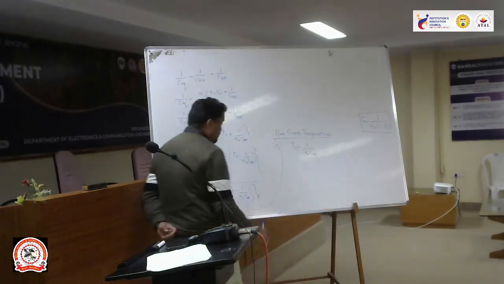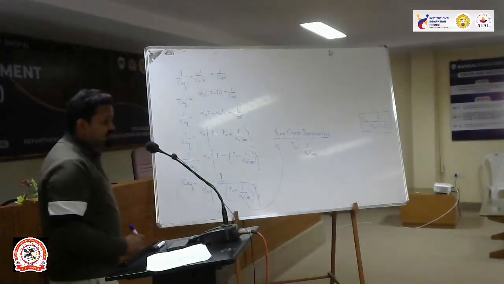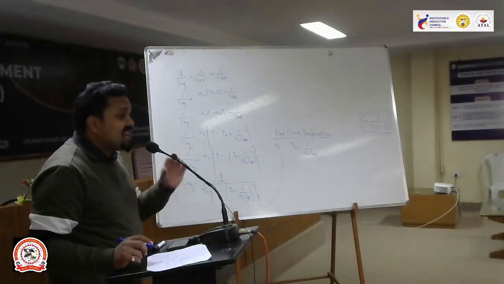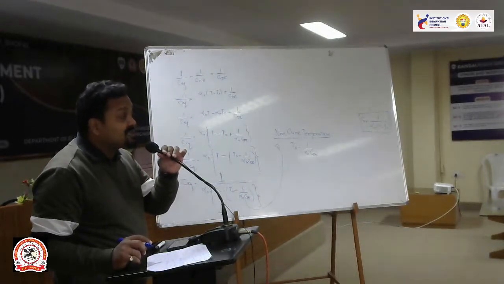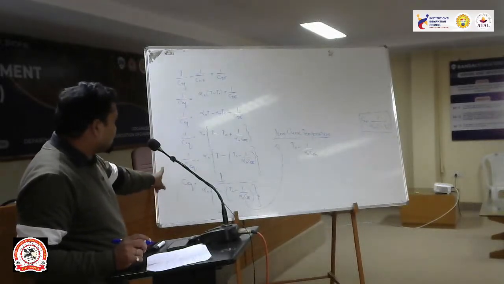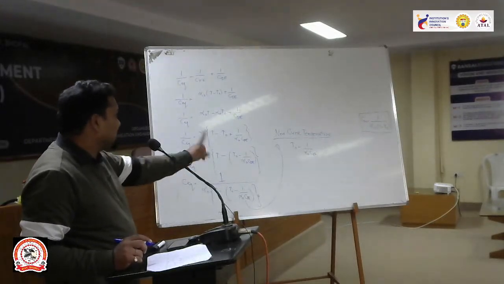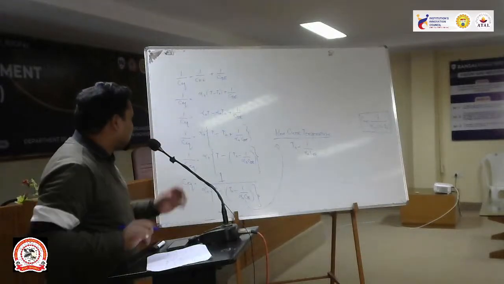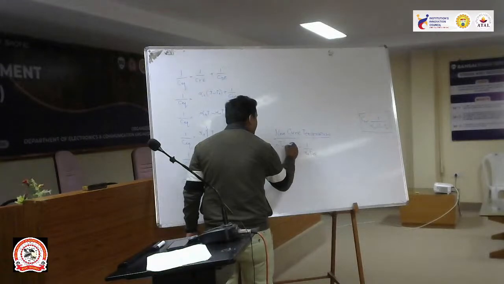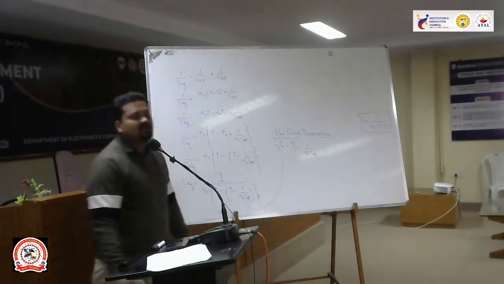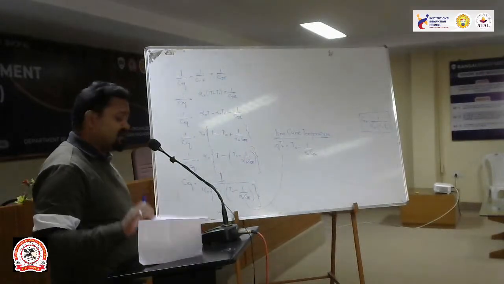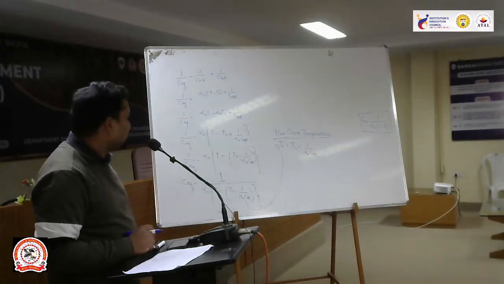Now interesting to note over here that the new Curie temperature is less as compared to the isolated ferroelectric capacitor. We can make a note over here that the new Curie temperature, let's say T naught dash, would be T naught minus 1 upon alpha naught CDE.